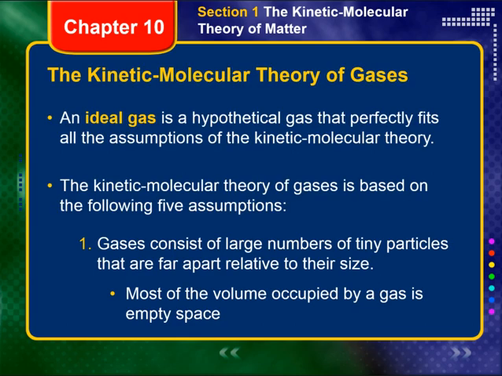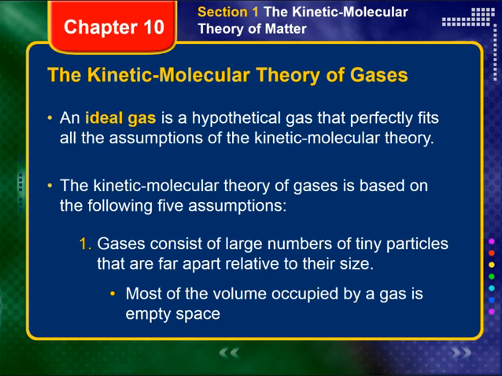An ideal gas is going to come in handy when we're trying to explain why real gases deviate from ideal behavior. We define an ideal gas as a hypothetical gas, meaning it does not exist in real life, but it perfectly fits all the assumptions of the kinetic-molecular theory.